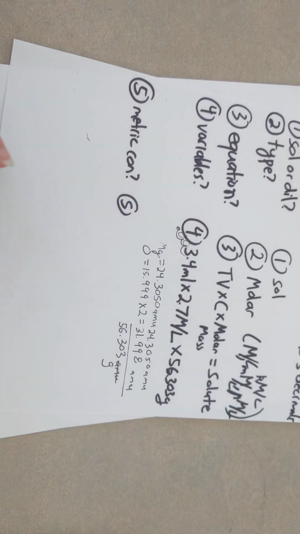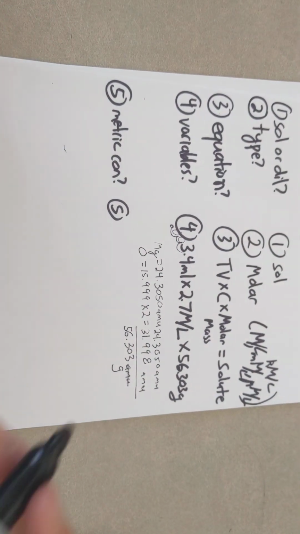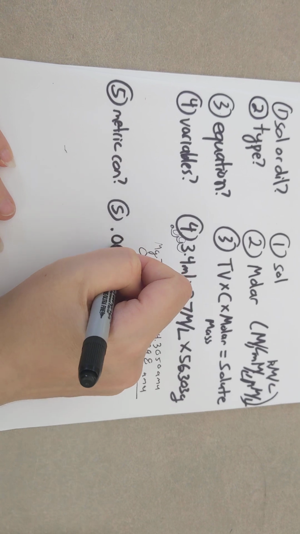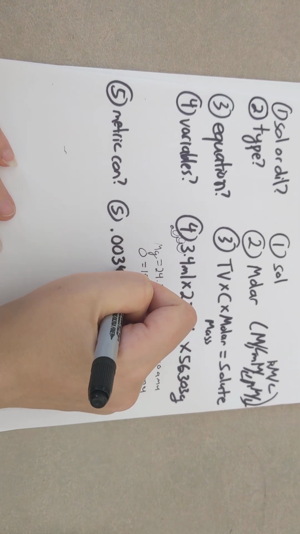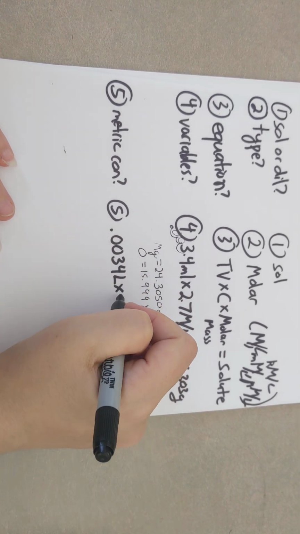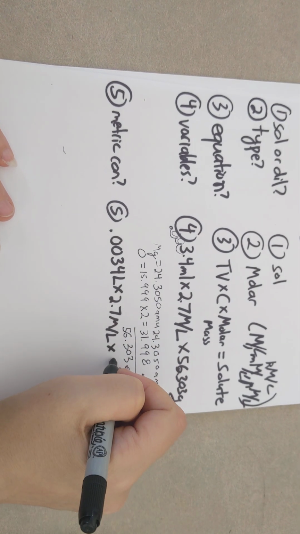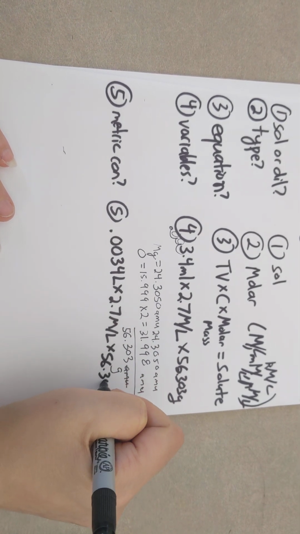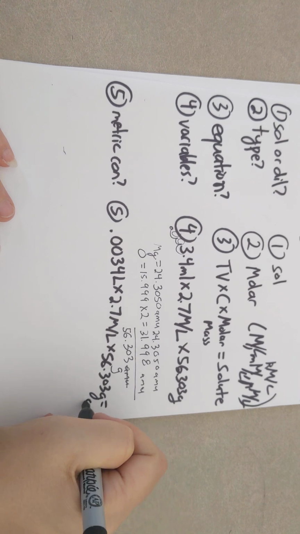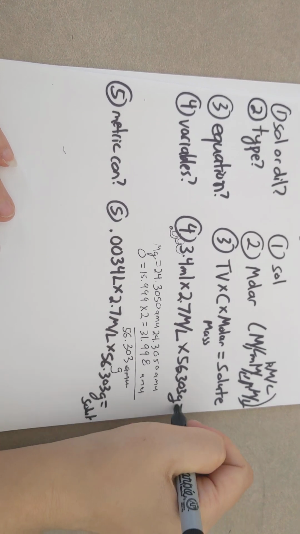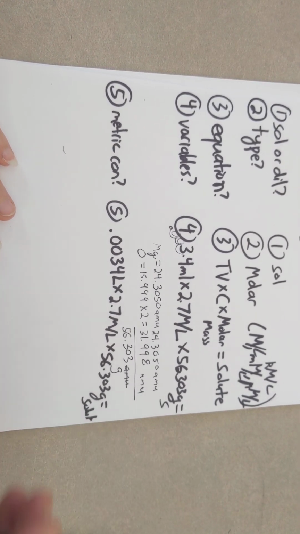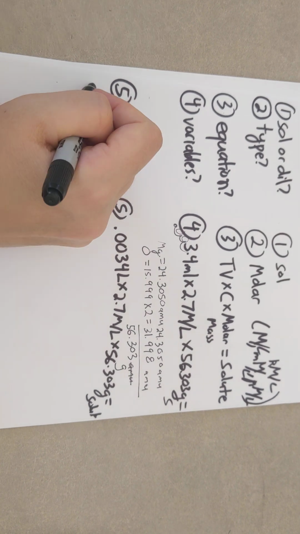I will then fill those loop-de-loops with zeros. So I now have 0.0034 liters times 2.7 moles per liter times 56.303 grams is equal to my solute. Kind of running out of room on that paper there.